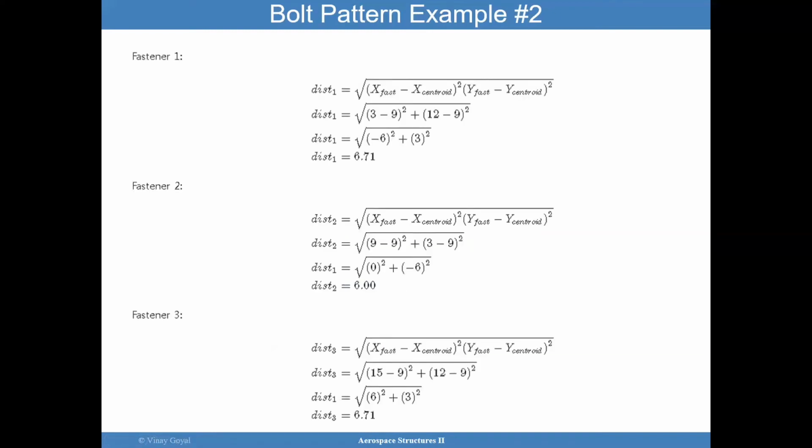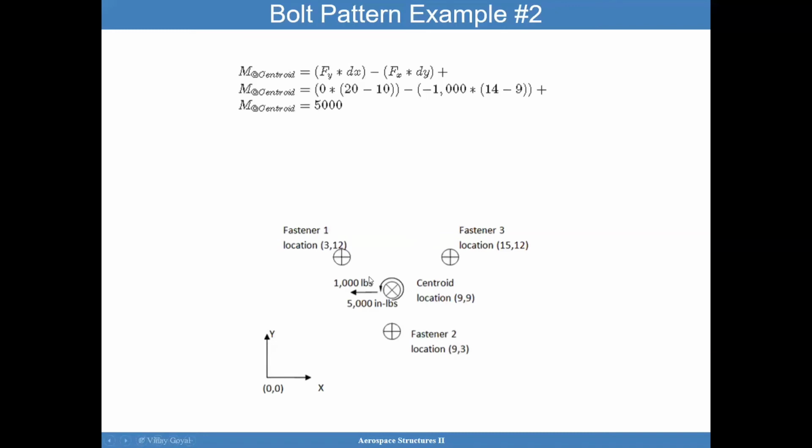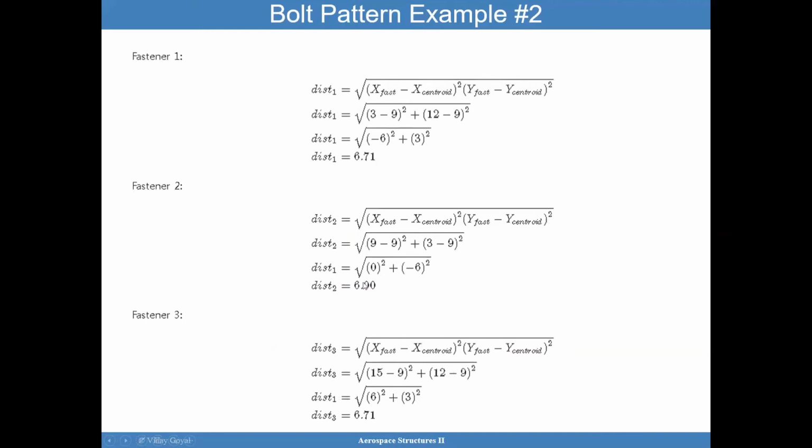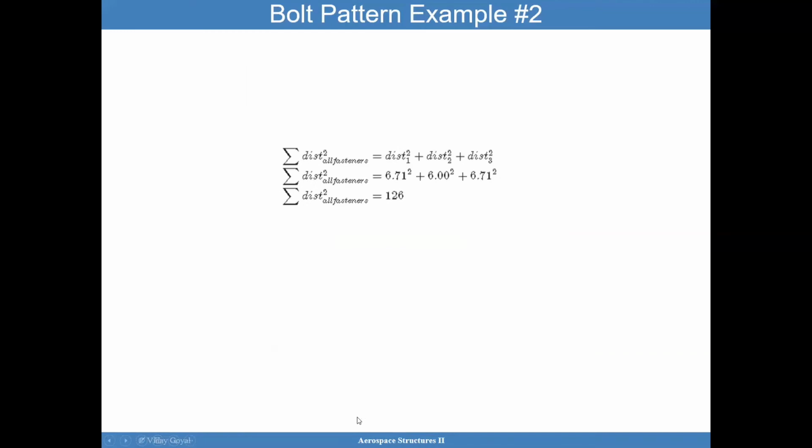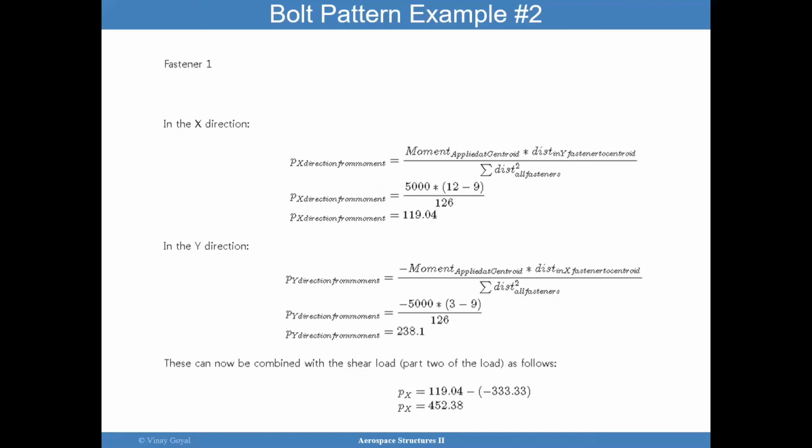Now we would like to calculate the distance between the centroid and each of these fasteners. That is the next step. I know the coordinates, so that's a very straightforward calculation, and I can find the sum of the squared distances of all fasteners, which is 126. So here we have the calculation that needs to be done.